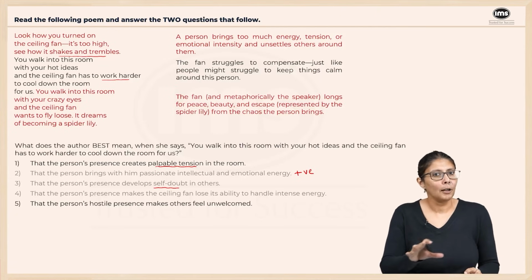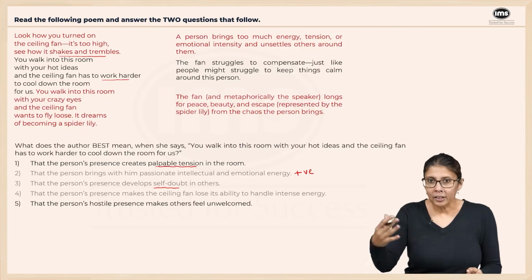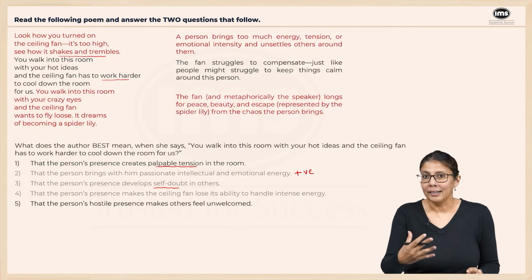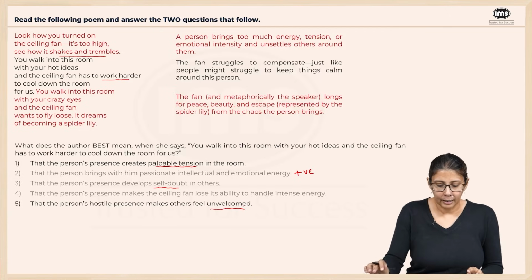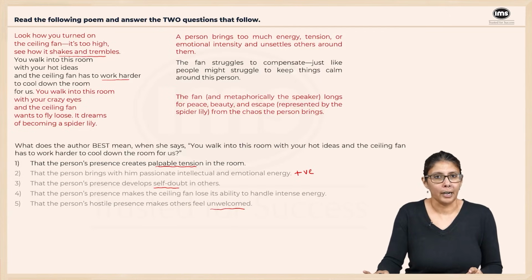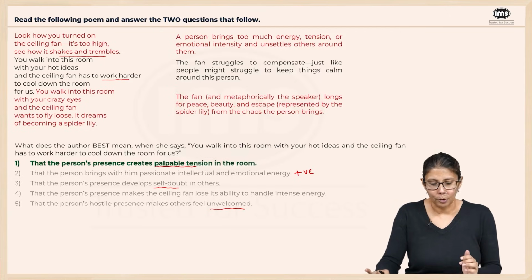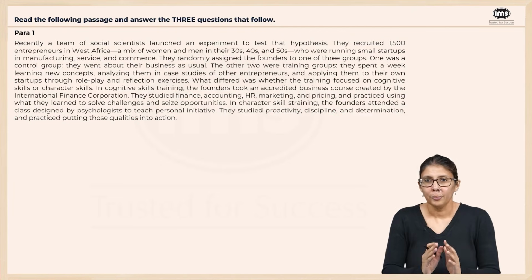You see, the other people are already in the room. When this person enters the room, it creates anxiety amongst the others. So the feeling is more of anxiety than unwelcome. And that is why option 5 is not the right choice. So the only one that talks about anxiety is the first option, palpable tension, and therefore option 1 is the right choice. I thought this passage was fairly easy to read and understand.